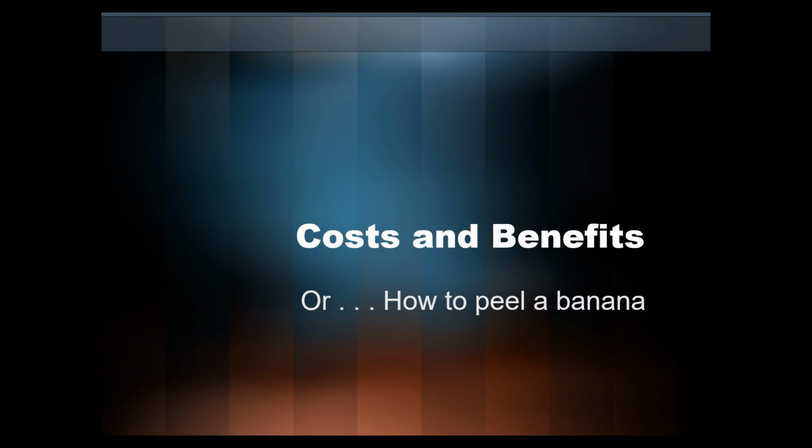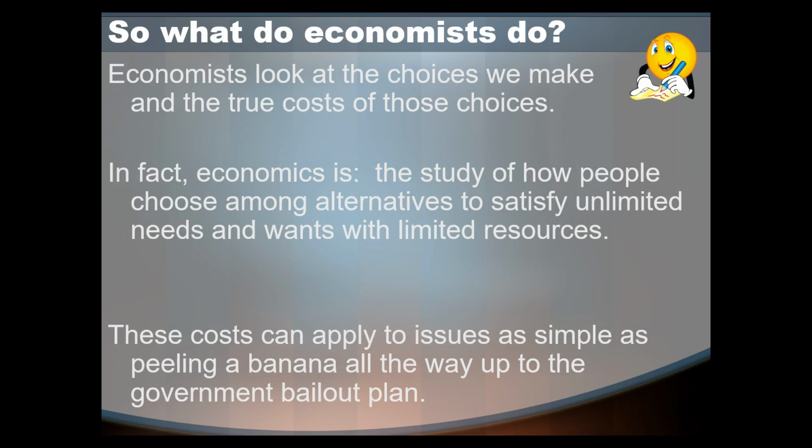All right. So today we are going to think about costs and benefits, or how to peel a banana. So economists, we already talked about, look at the choices we make, and they look at the true costs of those choices. In fact, if we want a formal definition of economics, it would be the following: the study of how people choose among alternatives to satisfy unlimited needs and wants with limited resources, or scarcity, right?